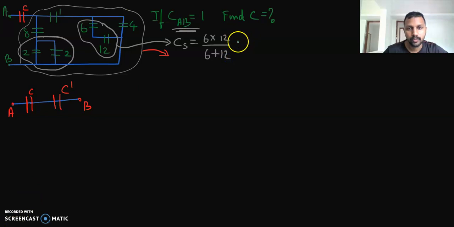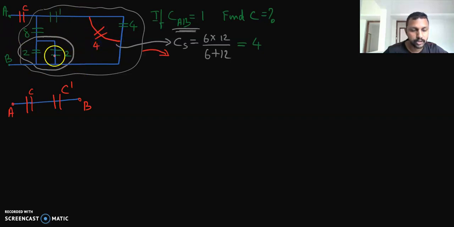For that you will get 4 as the answer. Therefore CS is 4. Since CS is 4, I am deleting these 2 capacitors, and instead of them let me draw a 4 farad capacitor. Clear?